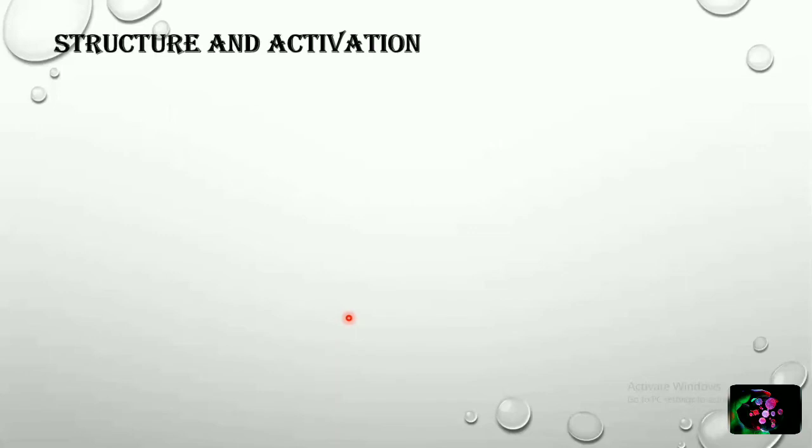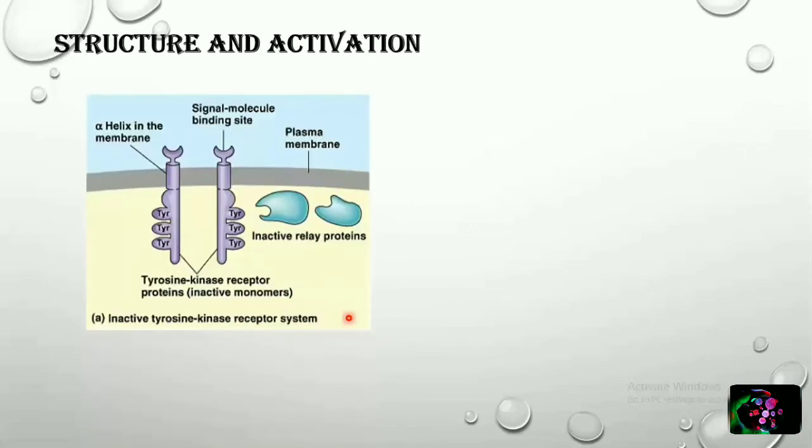Next, what is the exact structure and activation of this receptor tyrosine kinase? This is the structure. See here. This one is the monomer. This one is the signal molecule binding site. This one is the alpha helix in the membrane. These are the tyrosines.